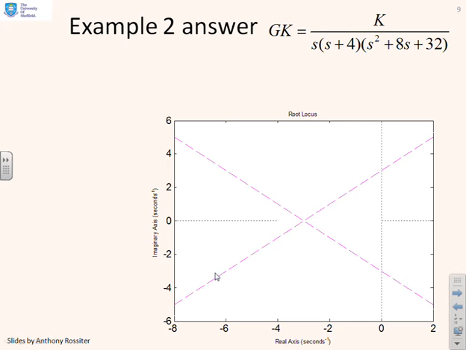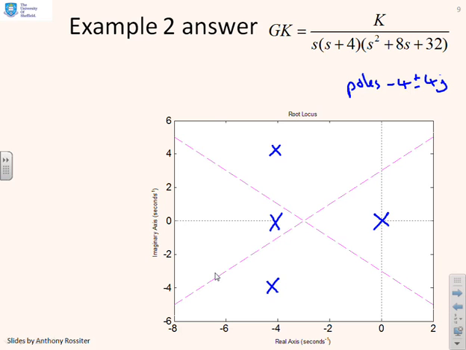So, as before, we start by doing the root loci. So first let's mark all the roots. We've got a pole at 0, we've got a pole at -4, and what may not be obvious to you is we've also got poles at -4 plus or minus 4j from this quadratic factor, so I can mark those two poles, one up there and one down there, and no zeros.